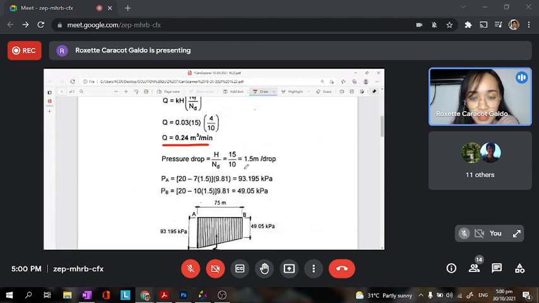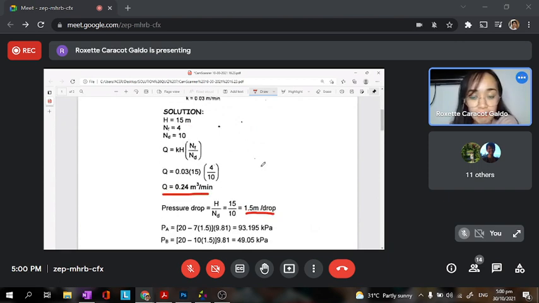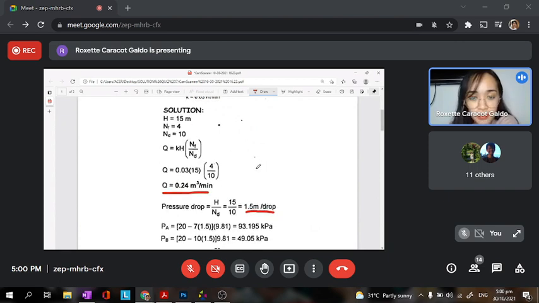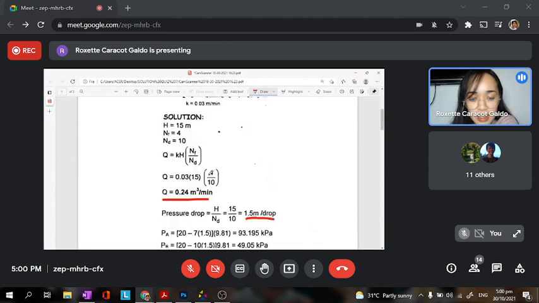So we have 15 minus 10, so kada square or approximate square natay 1.5 meter na pressure drop or head drop. So kung consider tag point A, let us count.